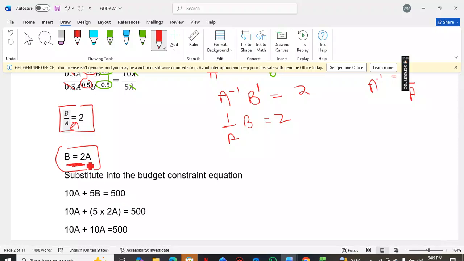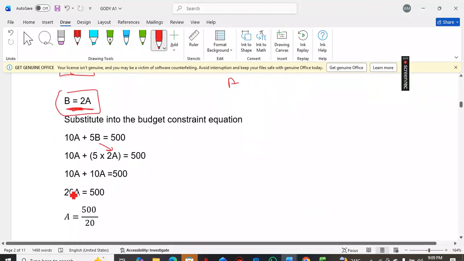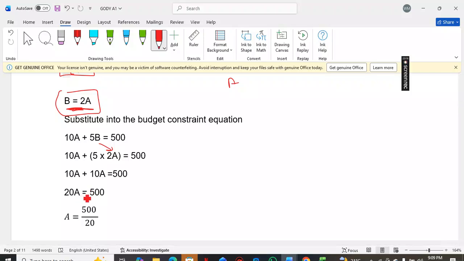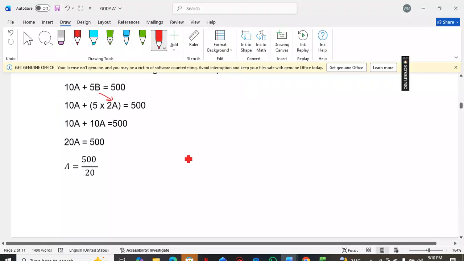Now since b equals 2a, it's 10a plus 5 times 2a equals 500. 5 times 2a, that is 10a. 10a plus 10a, 20a equals 500. To get the value of a, divide both sides by 20, so a equals 25.